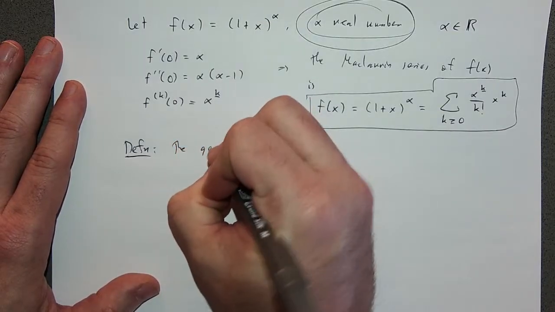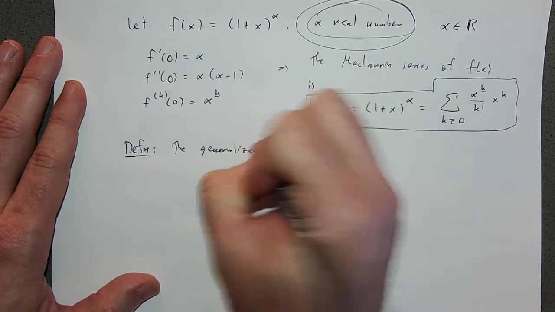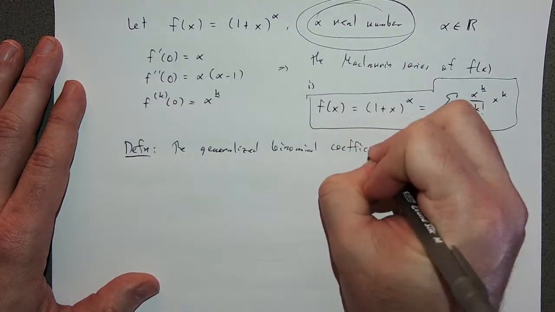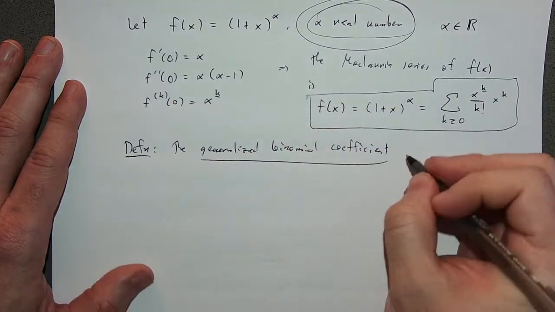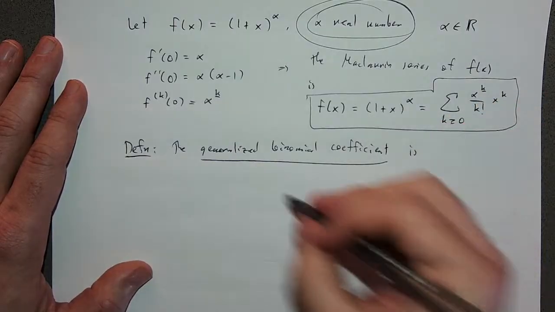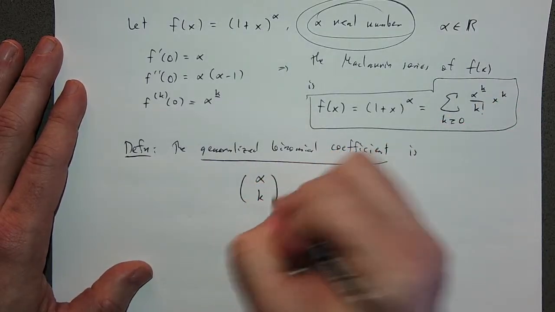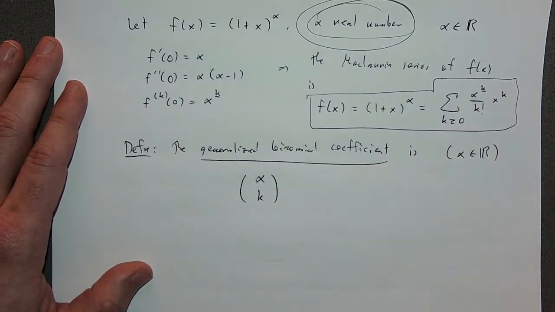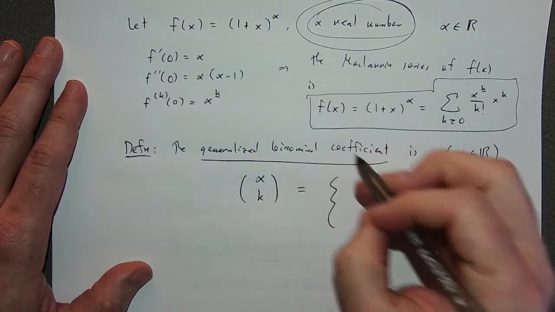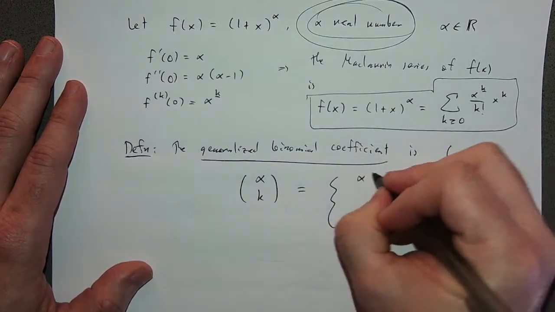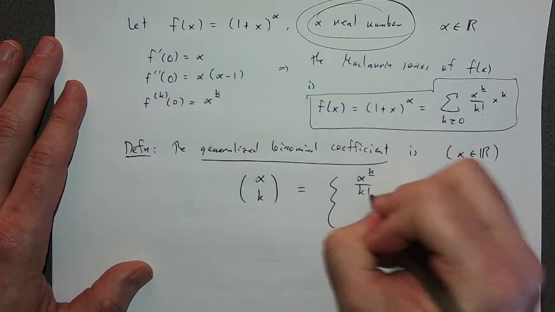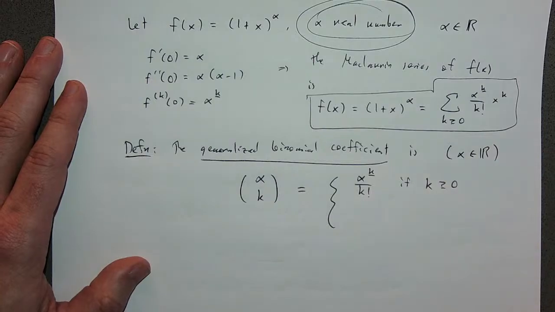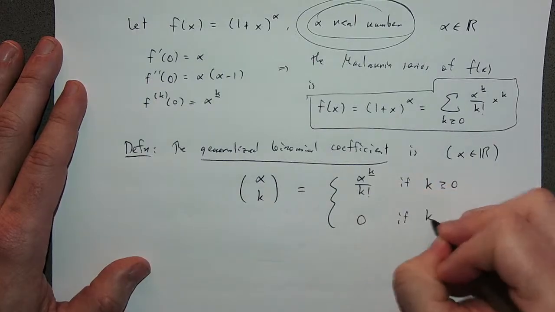So the generalized binomial coefficient, alpha choose k, where alpha is a real number, is exactly this expression, alpha to the k falling over k factorial, if k is non-negative, and 0 if k is negative.